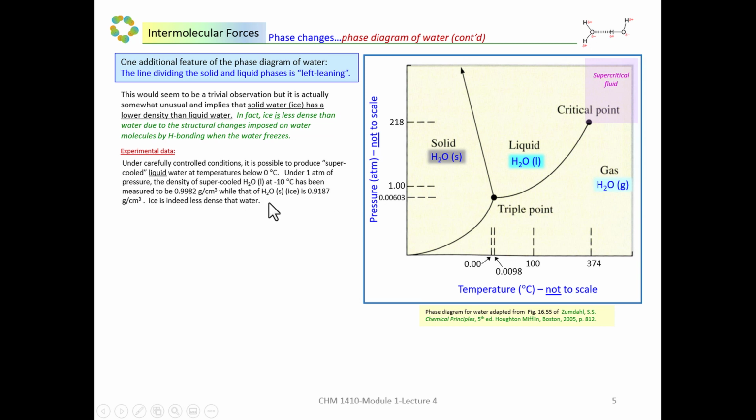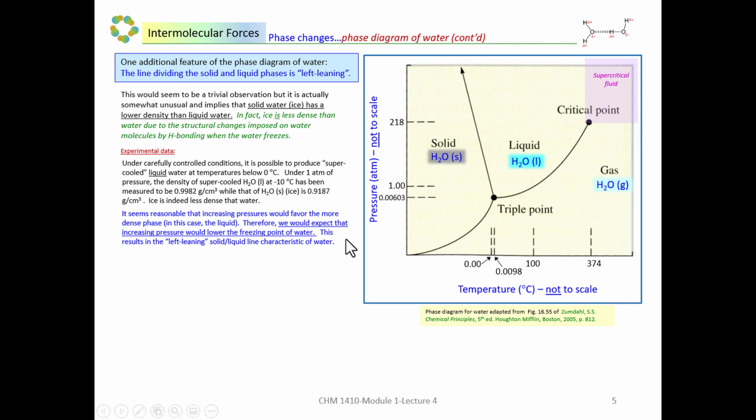So yes, ice is indeed less dense than water. It seems reasonable that increasing pressures would favor the more dense phase, in this case the liquid. Therefore, we would expect that increasing pressure would lower the freezing point of water.